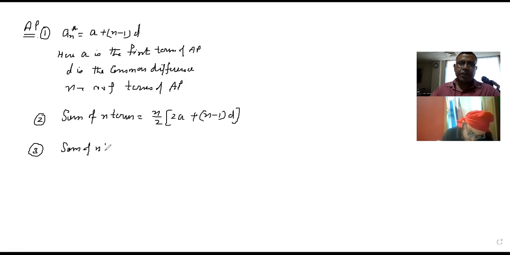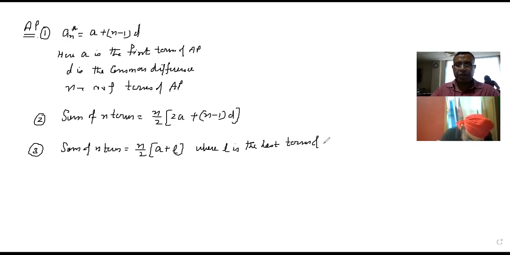The sum of n terms, when the last term is given, is n by 2 times a plus l, where l is the last term of the AP.